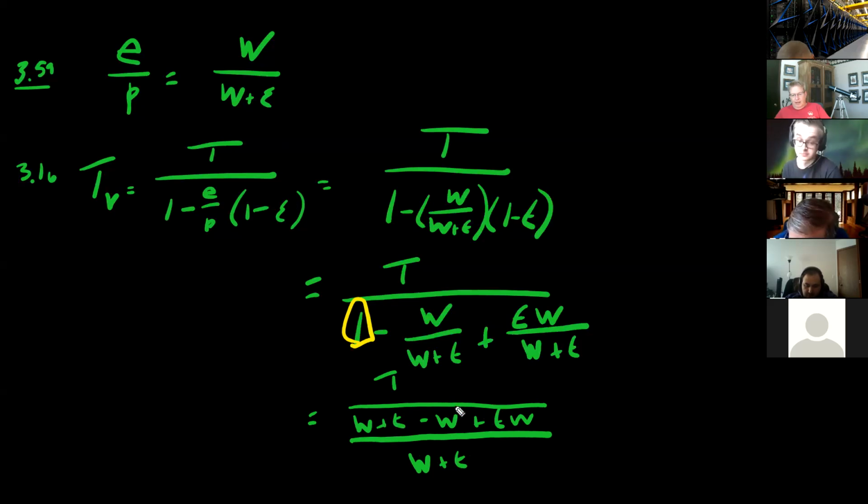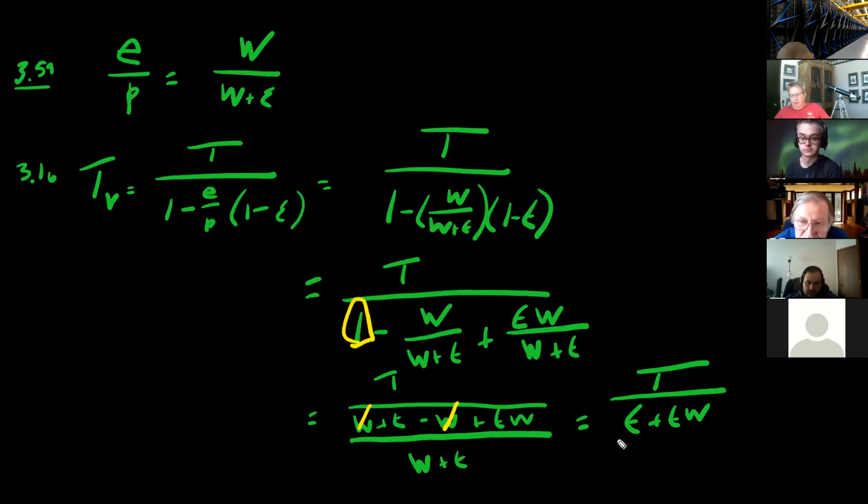And in doing this, I get W minus W. Okay? Right? And then that's going to be equal to T all over epsilon plus epsilon W all over W plus epsilon.